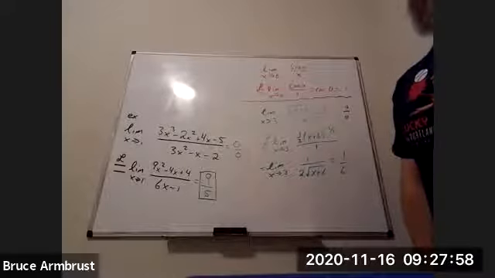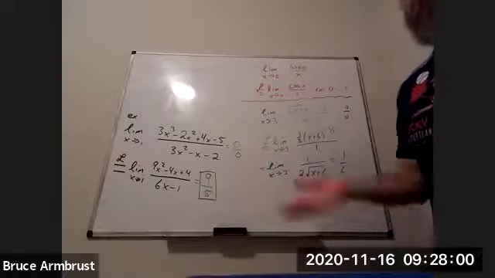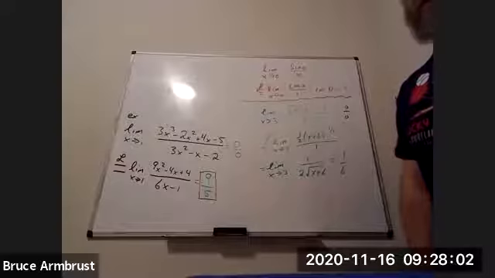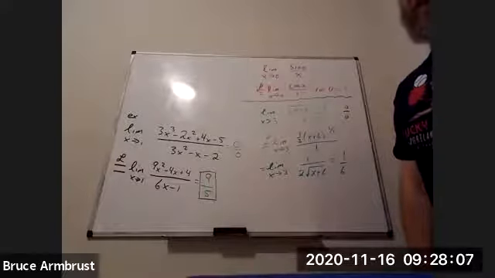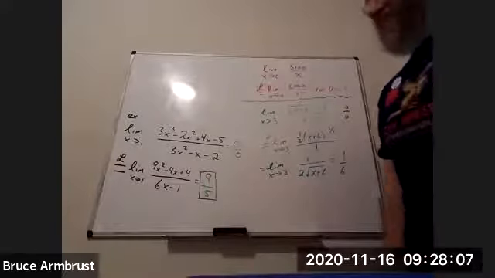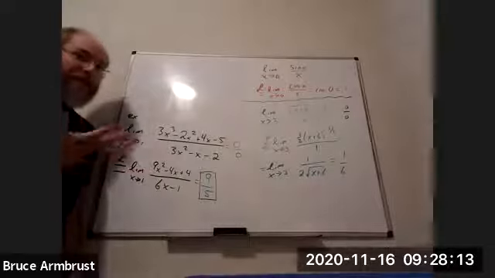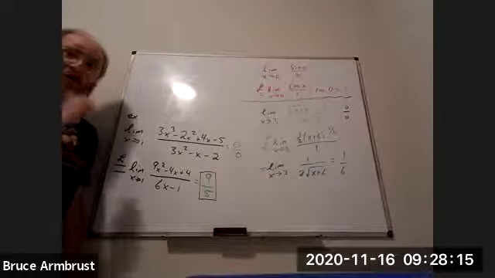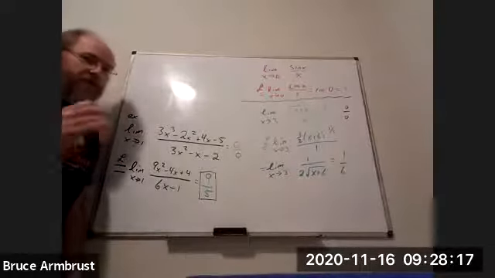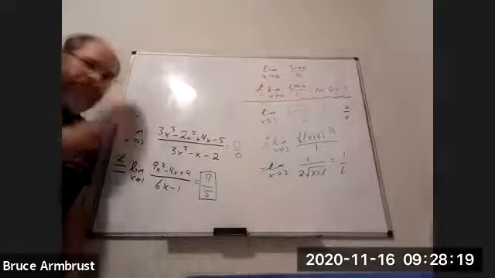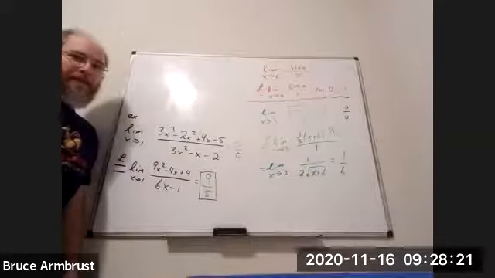Are you wishing that you had had that a month and a half ago? Yep. All right. So, good things come to those who wait. But now we've got it. Now we've got L'Hopital's rule. So for 0 over 0, we got L'Hopital's rule. Piece of cake.